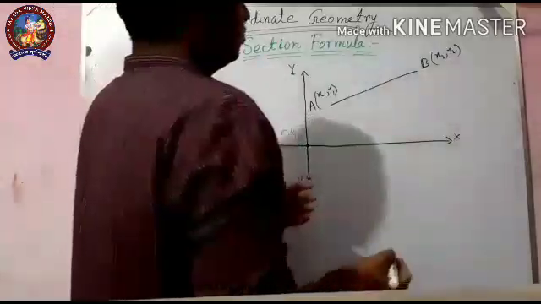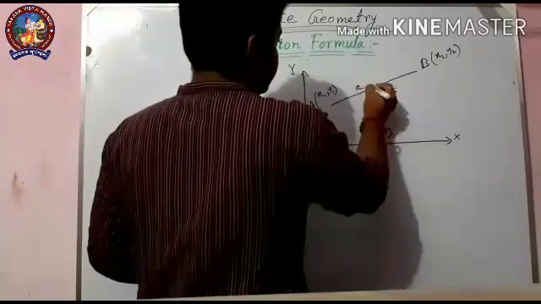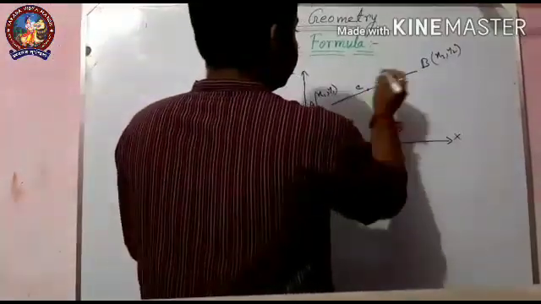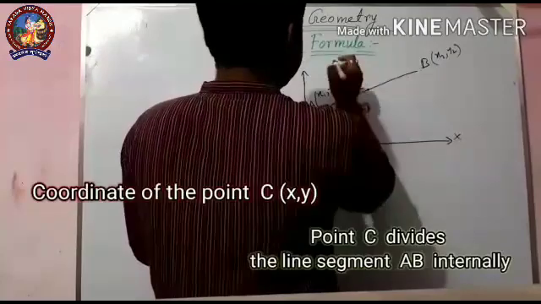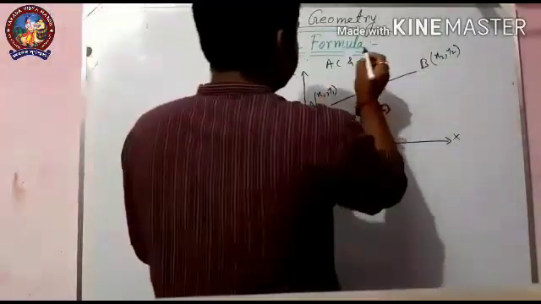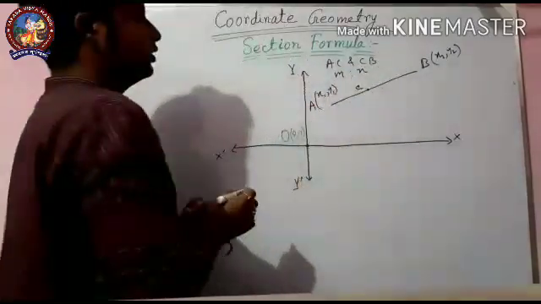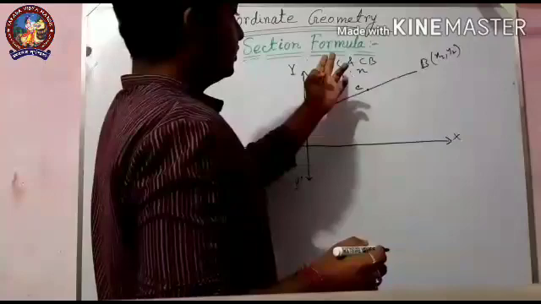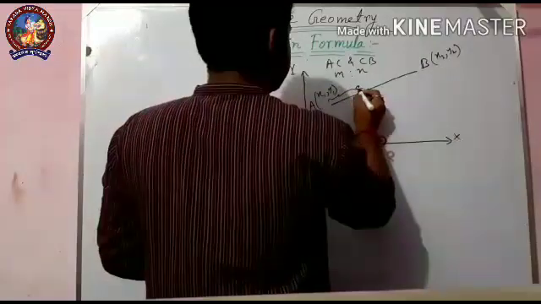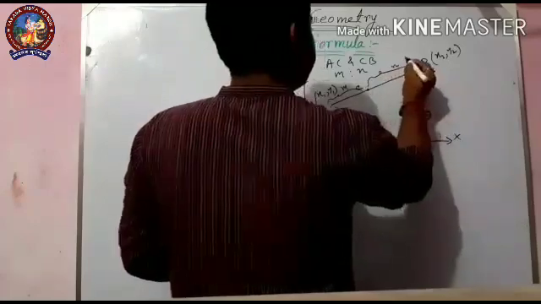Now C is a point that lies on the line segment AB, which divides the line segment AB into two line segments AC and CB in the ratio m:n. That means the ratio of the lengths of line segments AC and CB is m:n. So this much length will be m units and this much will be n, right?